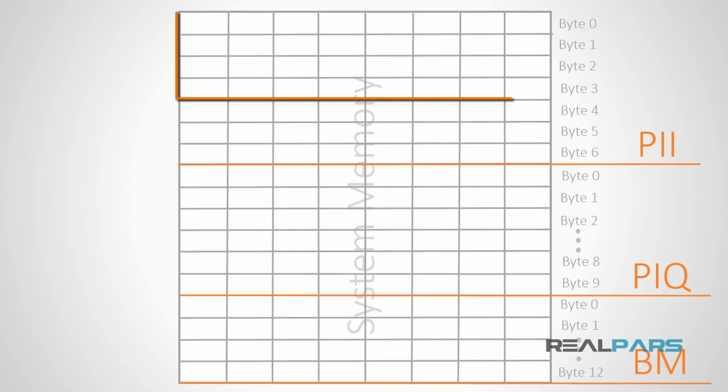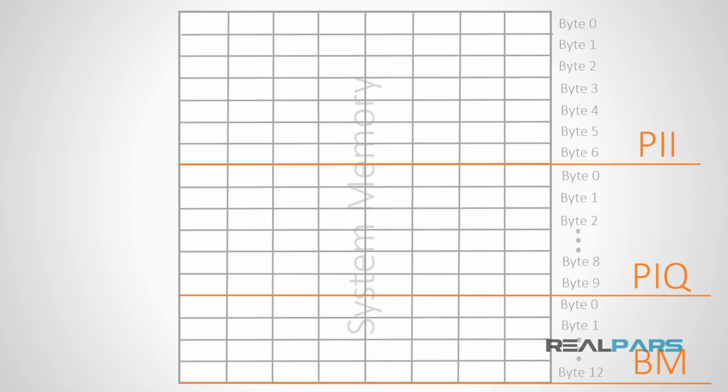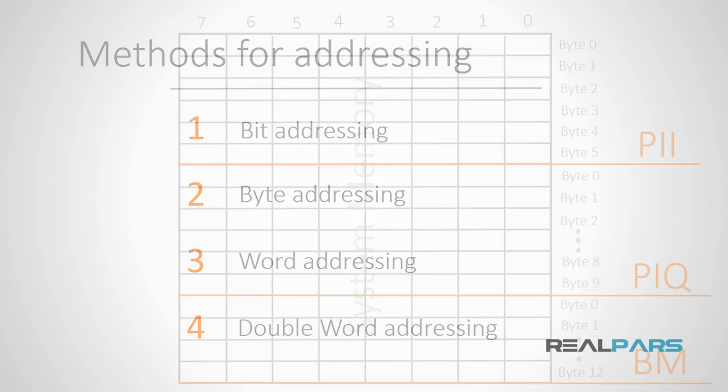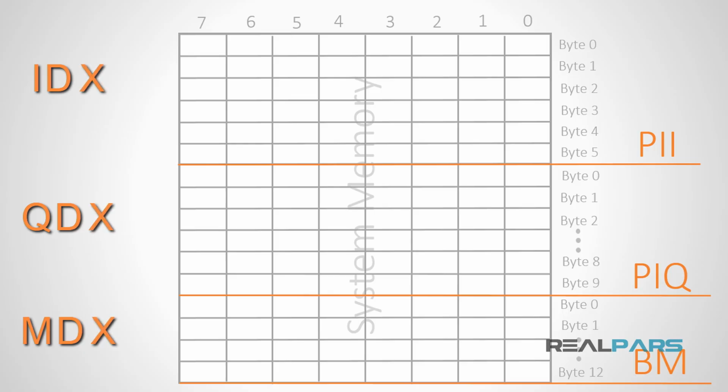Now, if we put 2 words from the memory together, a double word is formed as a result. The last method for addressing is addressing by means of a double word. In this method, just like the other methods, first we put one of the letters I, Q, or M. Then we enter the letter D, which represents a double word, and at the end, we enter the number for the desired double word.